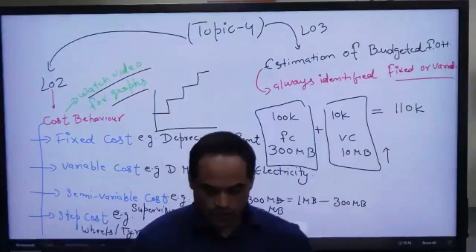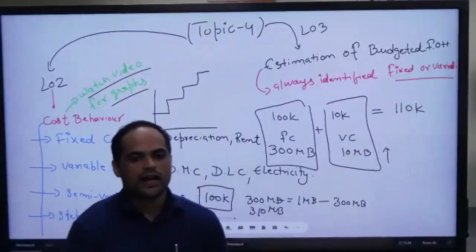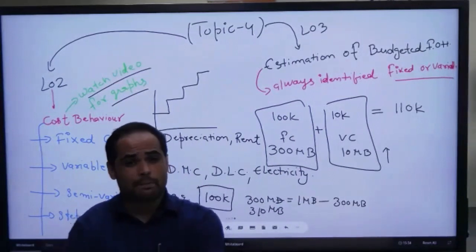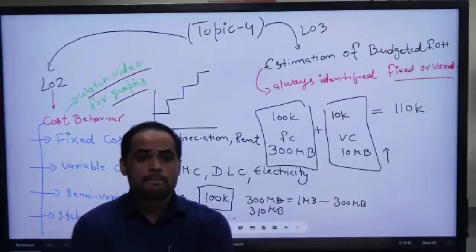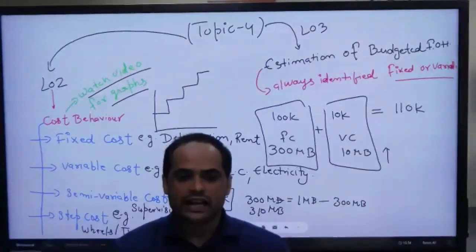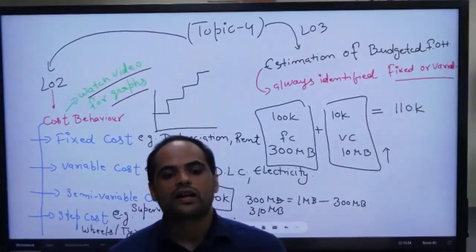So let me explain. For example, if you want to estimate any kind of budget, if you want to estimate the plan of how many units you want to make, your budget, your plan, will always be in the form of quantity. How many units you want to produce.